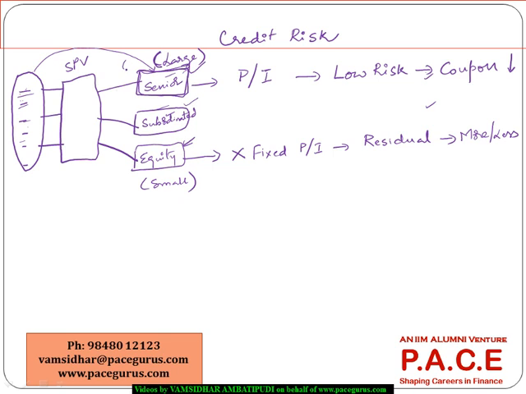Probably if this forms 60% of the total cash flows, this could form only 10% of the total cash flow. And this subordinated tranche, sometimes people call it a junior tranche, or sometimes a mezzanine tranche, because it is acting as a bridge between the equity tranche and the senior tranche.